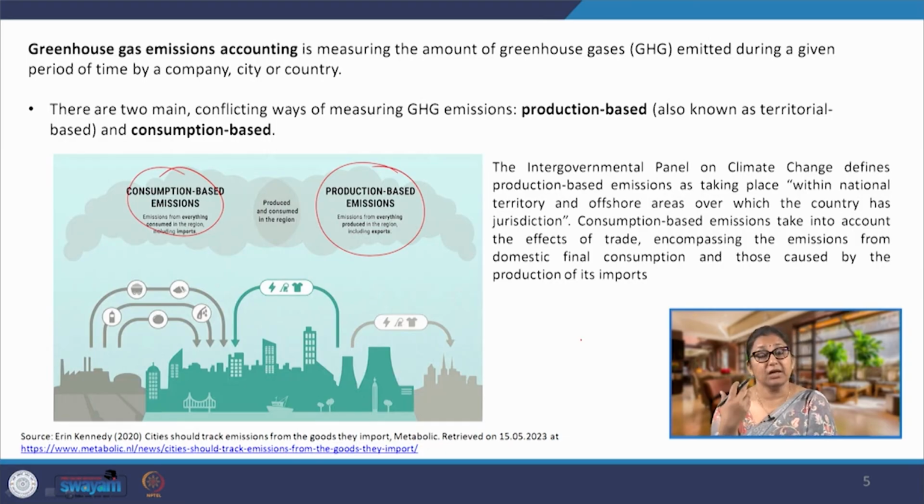Now, why at all do we want to have consumption based emissions? Because a lot of countries, which you must already be seeing in the world, have become the industries for the world, they are producing for the world. Now, in that case, they will continue to remain the largest emitters also, because the direct emissions are happening where the industries are, and few of the nations in the world are actually producing for the rest of the world.